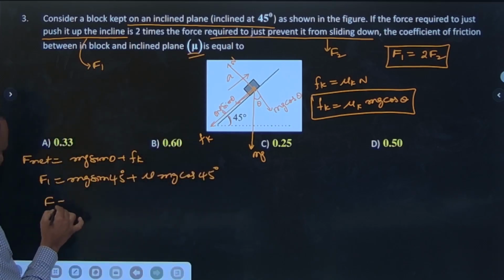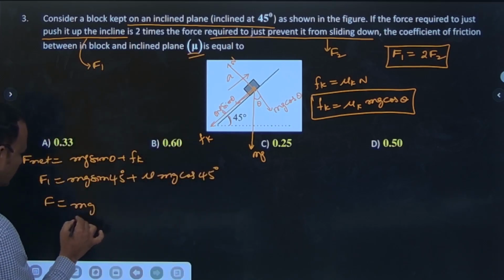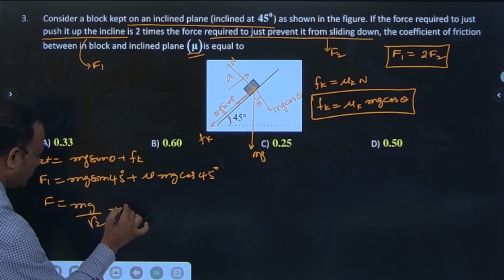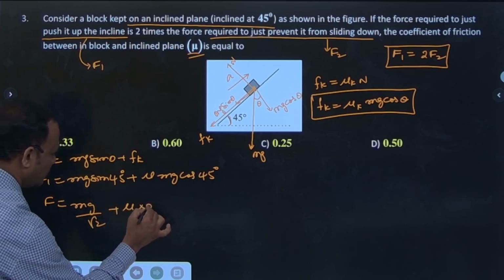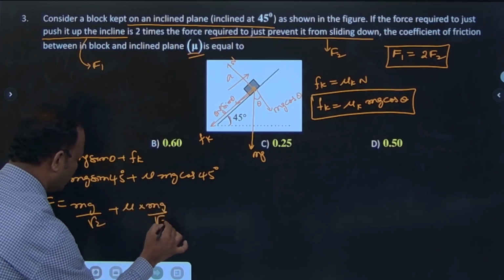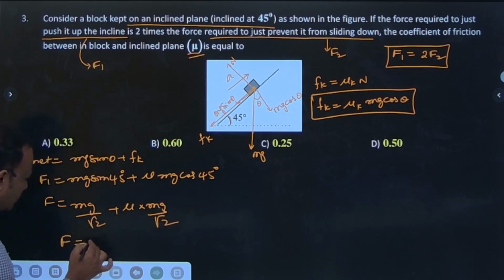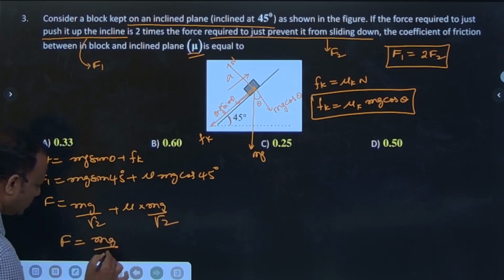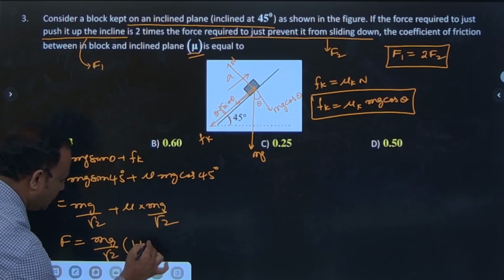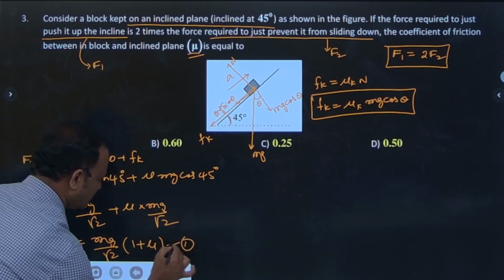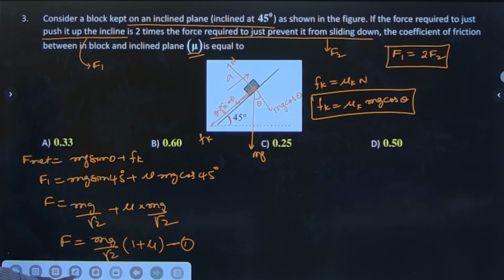F1 is equal to mg times (1 by root 2) plus mu into (1 by root 2). So mg by root 2 is common: F1 is equal to mg by root 2 times (1 plus mu). This is my first situation.